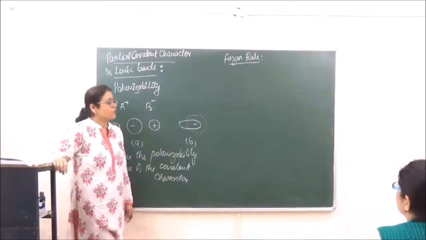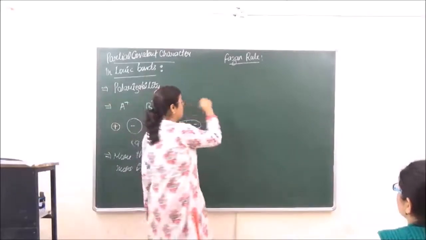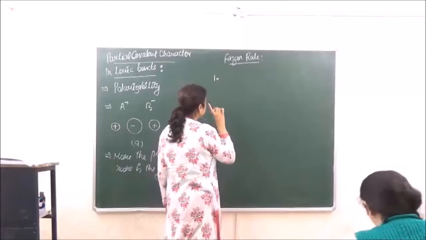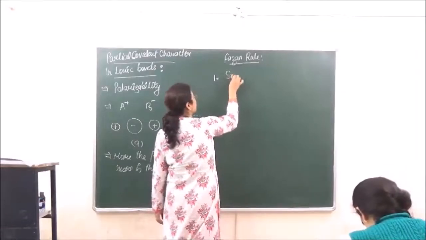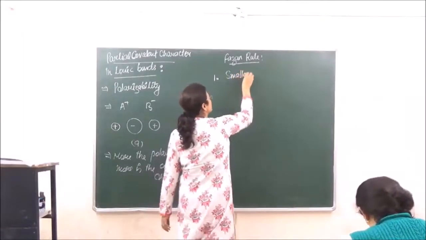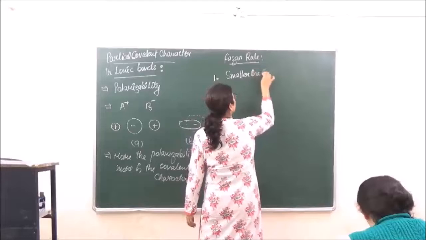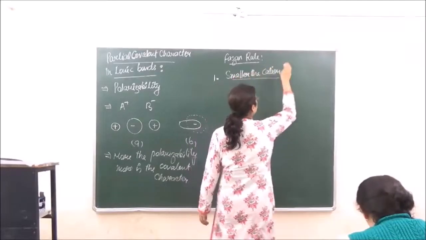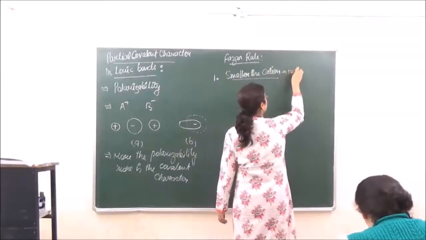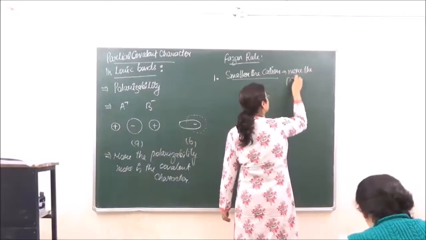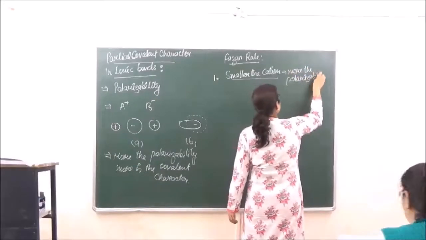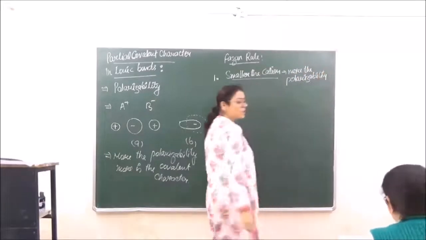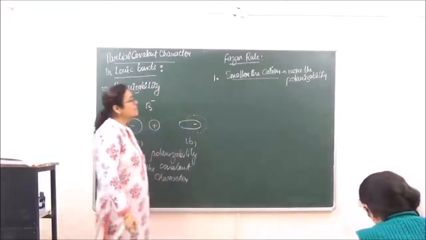Now, according to Fajan rules, number 1, it is said that the smaller the size of the cation, the more is the polarizability, and hence more is the covalent character. Now why is this happening?